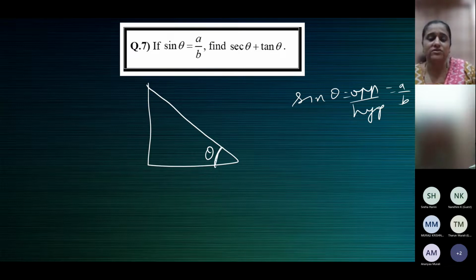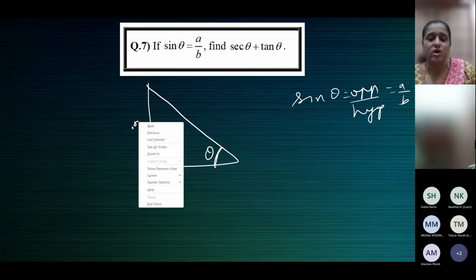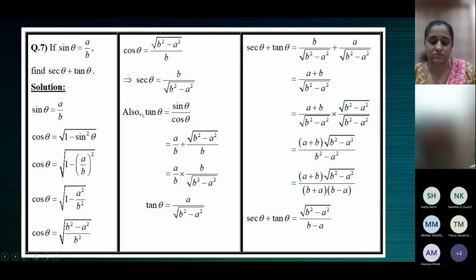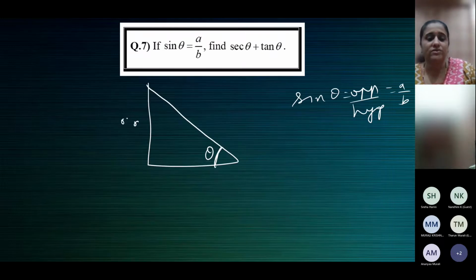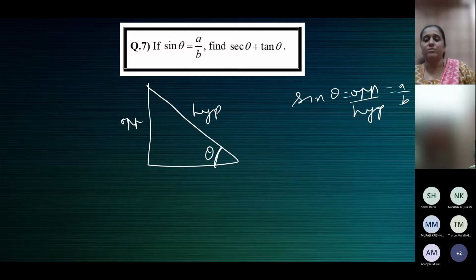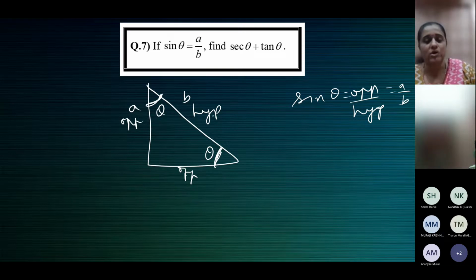So for theta, this is the opposite side and this is the hypotenuse. So opposite is A, hypotenuse is B. If you mark theta at the other angle, then that side will be the opposite side.